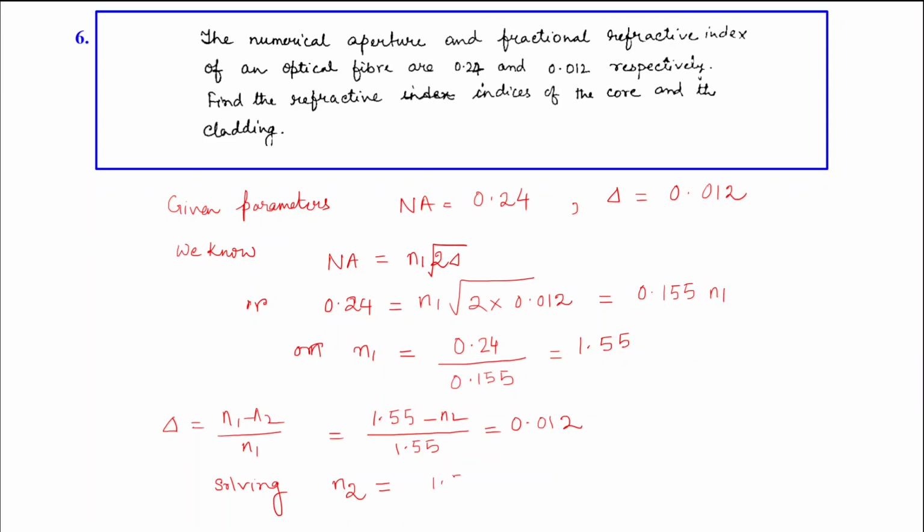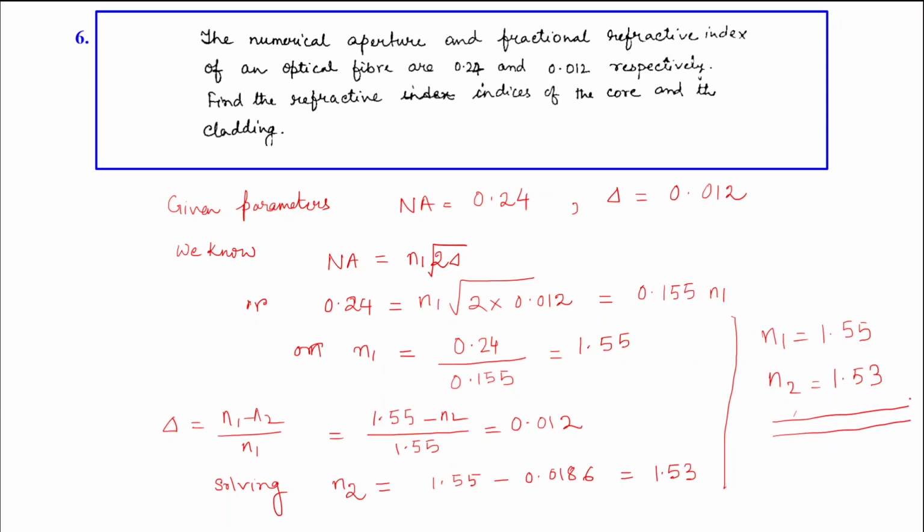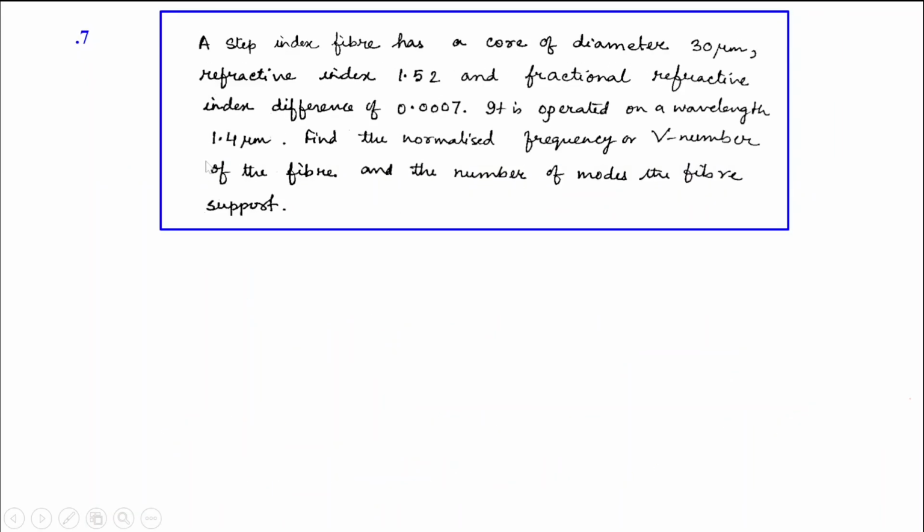So we write the equation: 1.55 minus 0.186 is equal to 1.53. So the refractive index of the core is 1.55 and the refractive index of the cladding is 1.53. These are the answers of this problem number 6.